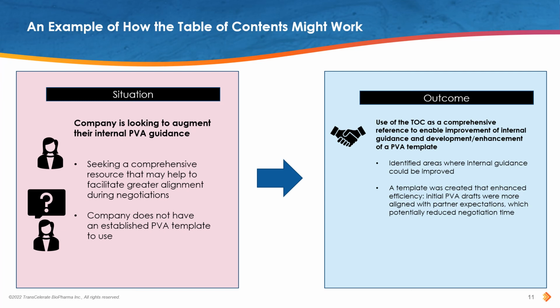They were also better positioned to create a PVA template that helped to enhance their internal process efficiency. Initial drafts were more in sync with functional understanding of responsibility, and they found a greater alignment overall with partner expectations in negotiations. In the end, the company felt that these actions positively influenced the negotiation time.